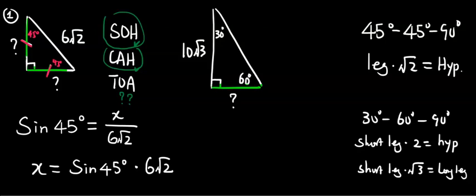Do not use decimals, because we're going to use the exact value for sine 45. That is square root 2 over 2. Now, square root 2 over 2 times 6 times the square root 2. And the missing value is 6.